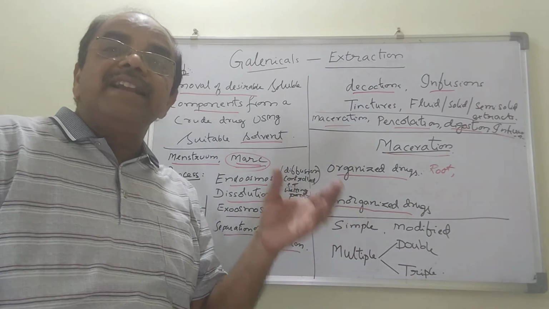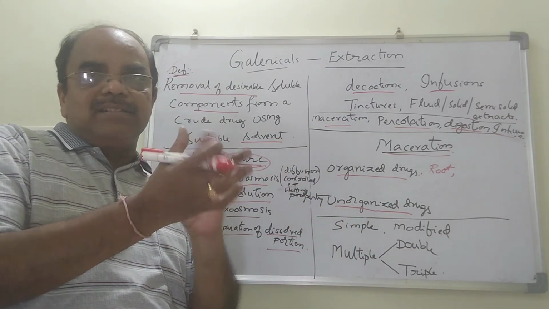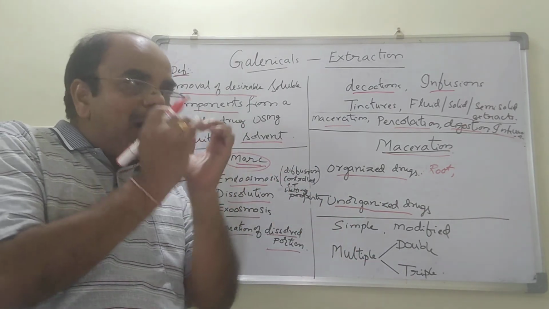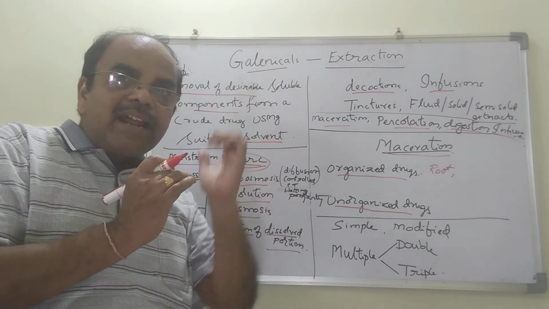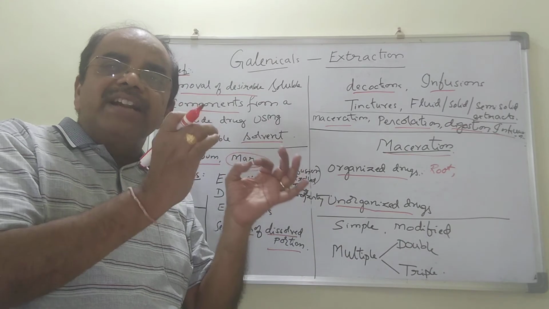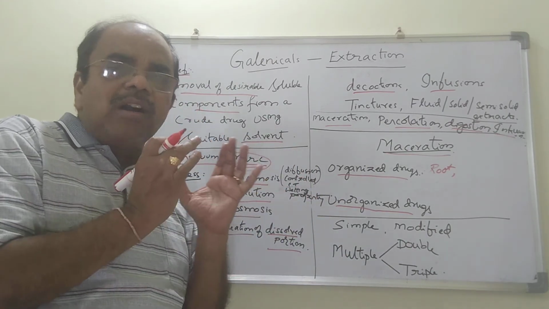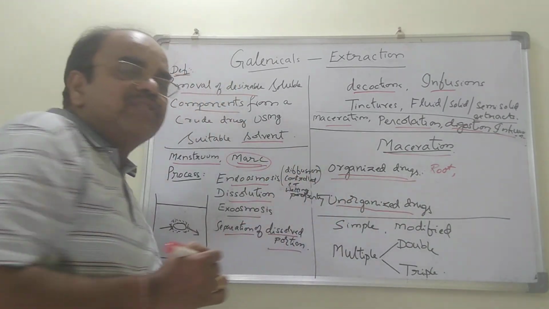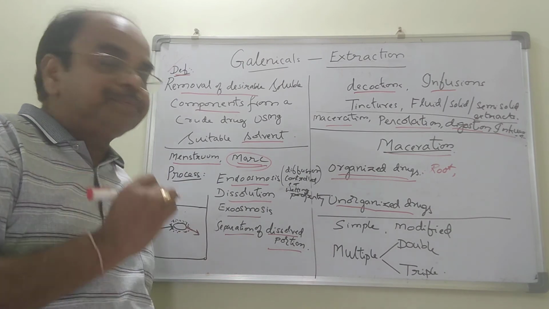We have a number of parts of the plant, aerial and subterranean. Aerial means exposed to the air. All of these have a defined structure and are called drugs which are completely organized.